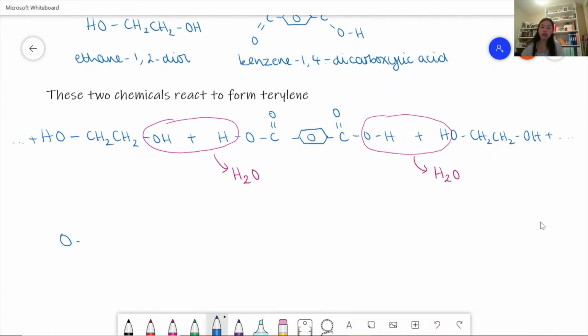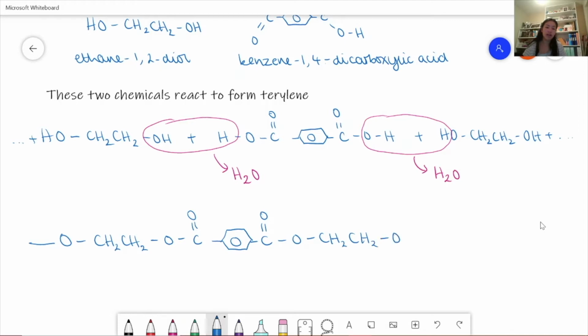So we have O, CH2, CH2, and that line is just to indicate that it goes on. And then we have O, C double bond O, and then the benzene, and then a carbon and double bond oxygen, and then we have another oxygen, CH2, CH2O, and then dot dot dot.